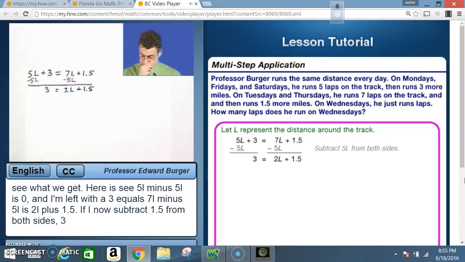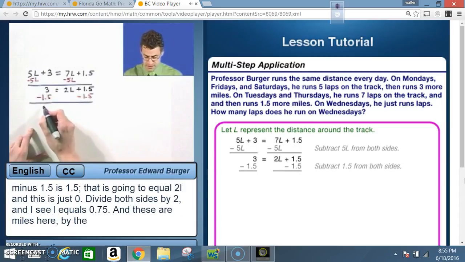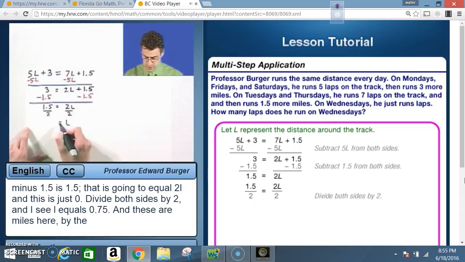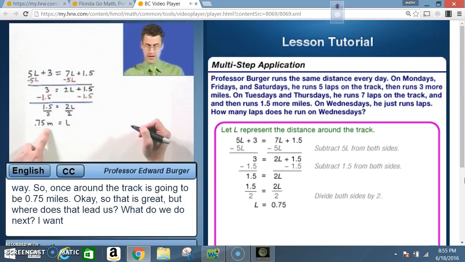If I now subtract 1.5 from both sides, 3 minus 1.5 is 1.5. That's going to equal 2L, and this is 0. Divide both sides by 2, and I see L equals 0.75. And the units here are miles, by the way. So once around the track is going to be 0.75 miles.